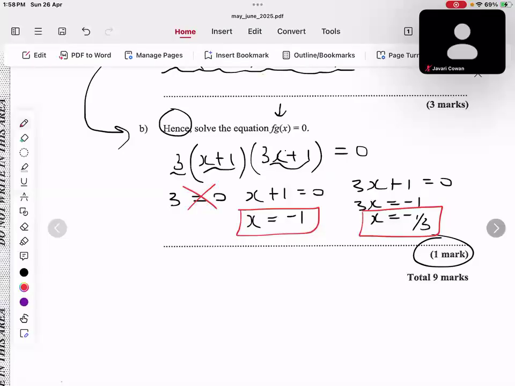Hence is a transitional word that connects mathematically the previous calculation to the current one, or from an English language point of view, hence connects one idea from a paragraph to the next idea in the following paragraph. Hence is a part of a long list of what I'm calling in English language transitional words and phrases.